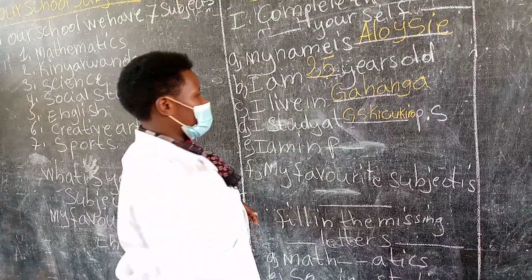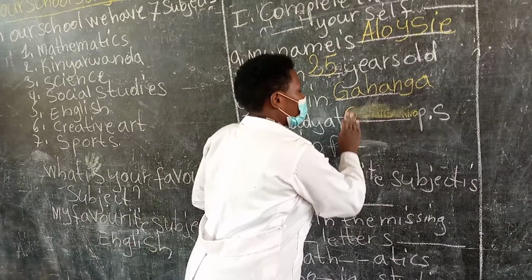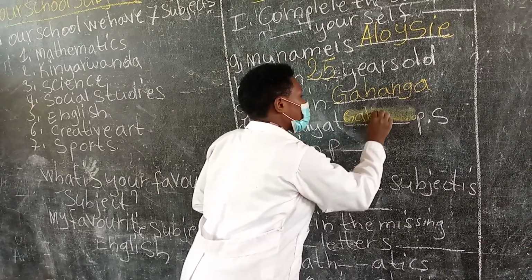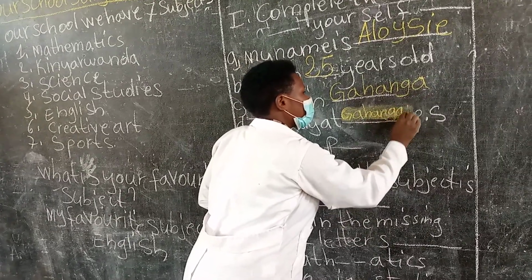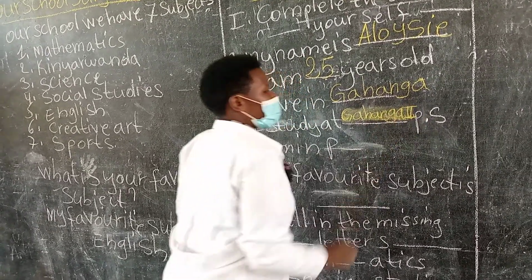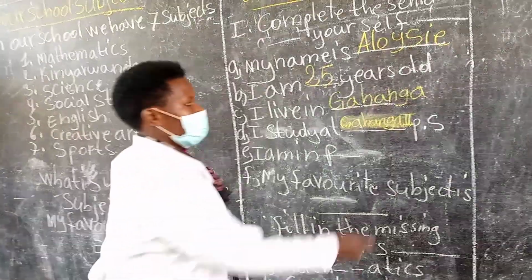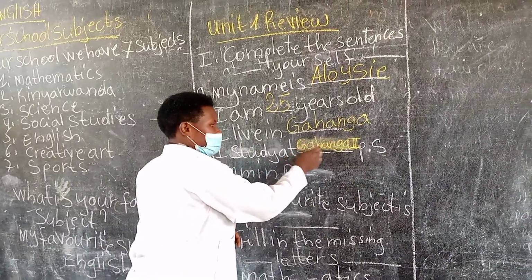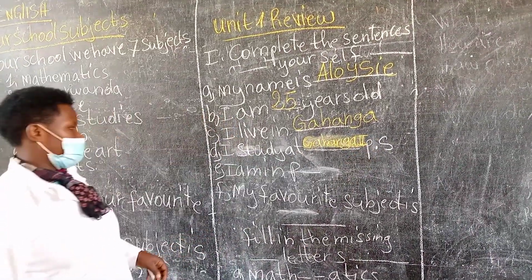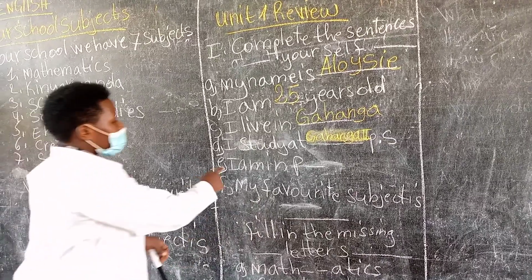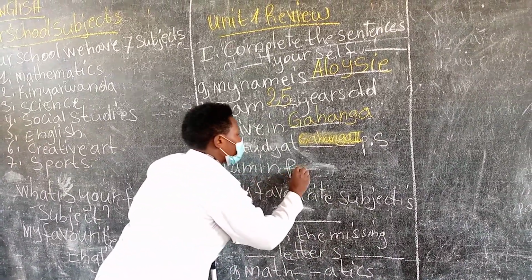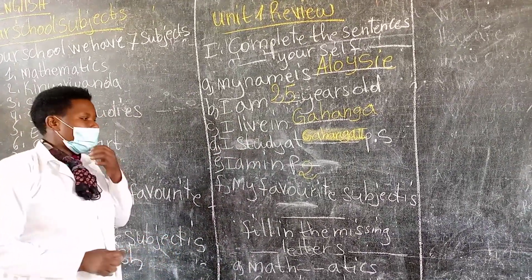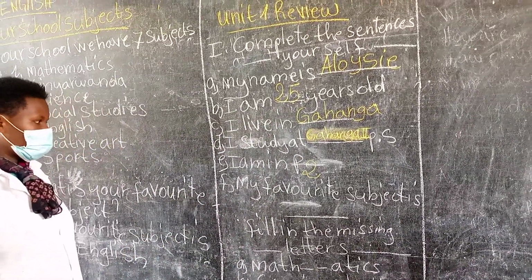For me, I am at Gahanga primary school. Here we have primary school because I am at Gahanga primary school. I am in P2. I am in primary 2.